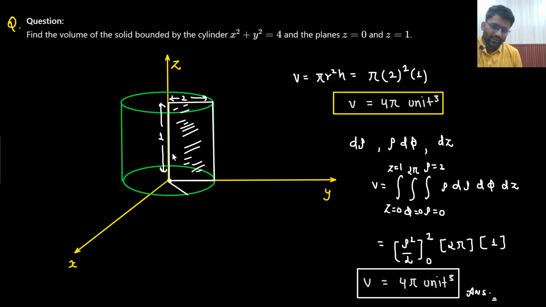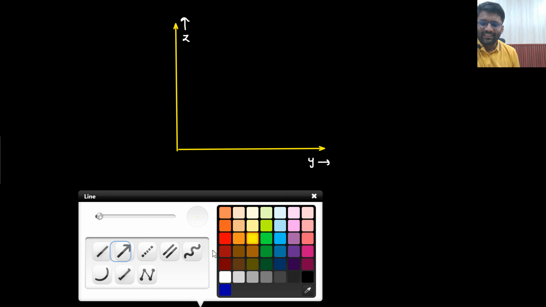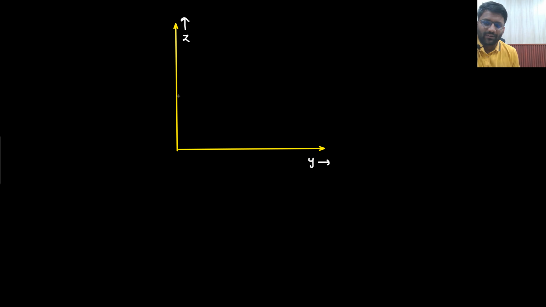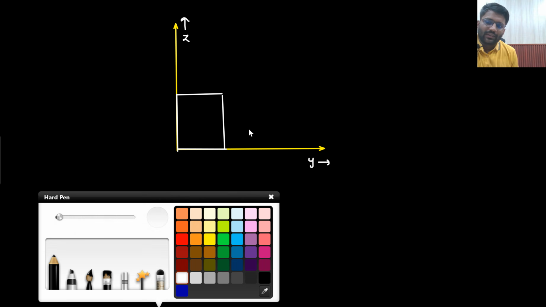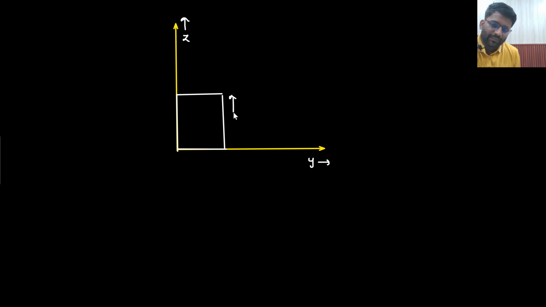Although this length is 1 and this length is 2, it is not a good rectangle, and it is not to scale, but don't worry about it. So in the z direction the length is 1, in the y direction the length is 2.